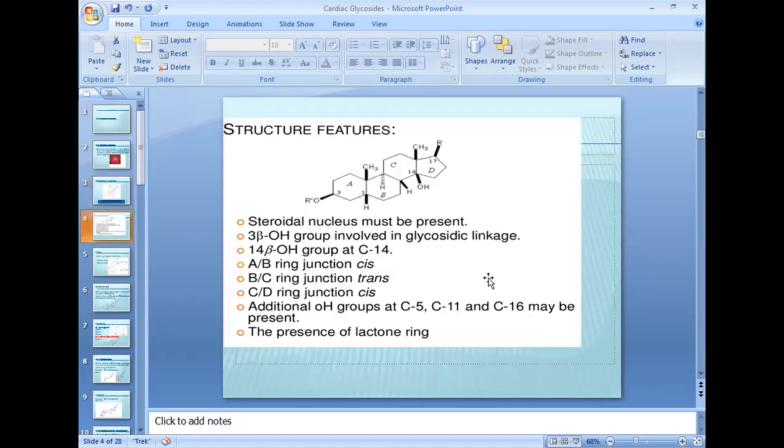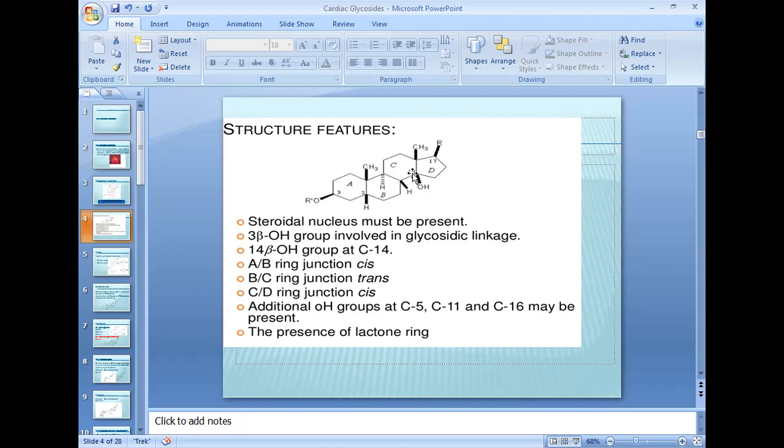Other features include: the steroid nucleus is a cyclopentanophenanthrene ring, and the hydroxyl group at carbon 3 is involved in glycosidic linkage.